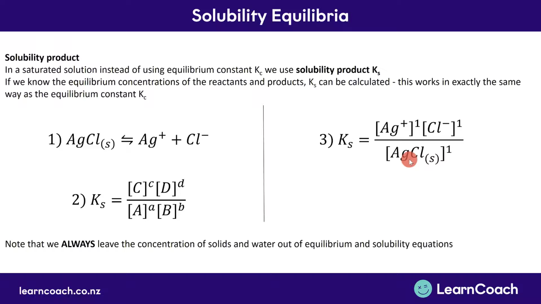However, we have to remember the most important rule of Kc equations, and that is we always leave the concentration of solids and water out of equilibrium and solubility equations. So AgCl, being a solid, is not part of this equation, leaving us with our final Ks equation. Ks equals the concentration of Ag+ times the concentration of Cl-.